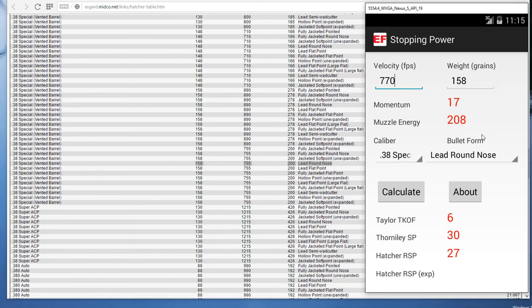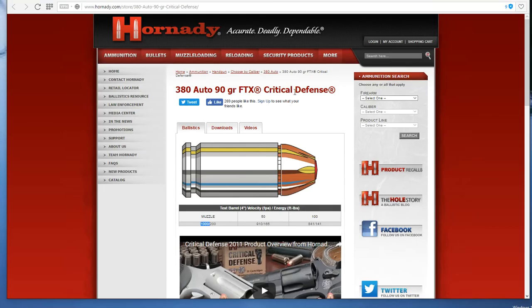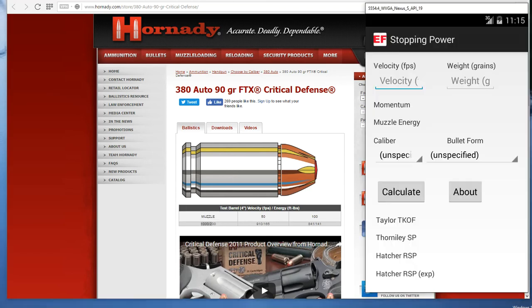Now let's reset things and look at a 380. The load I am currently carrying in 380 is a Thorniley Critical Defense 90 grain bullet, 1,000 feet per second muzzle velocity. So entering in 1,000, 90, tapping calculate.